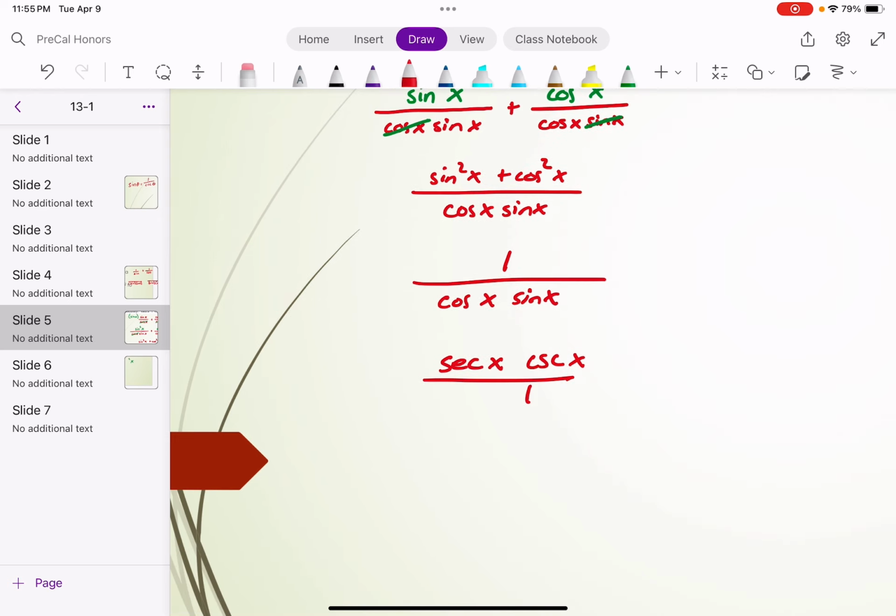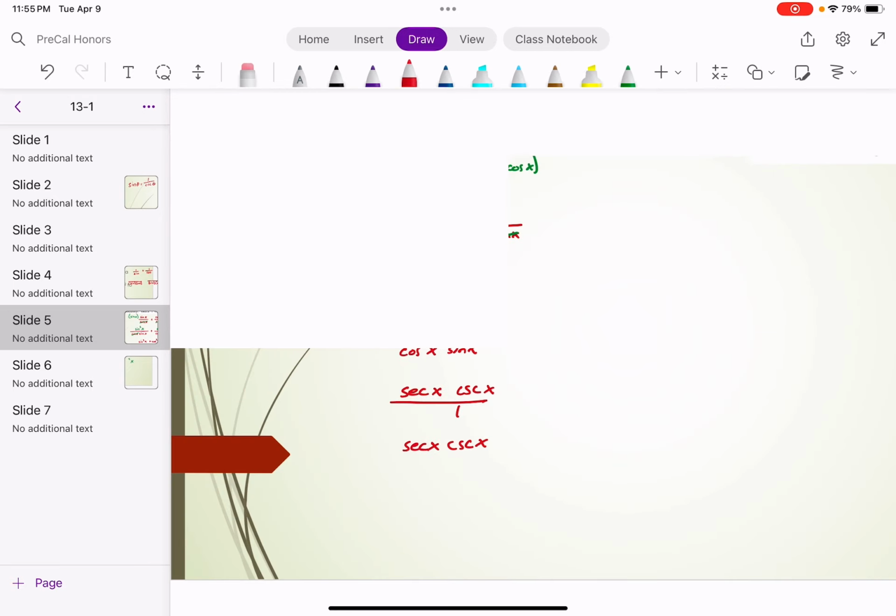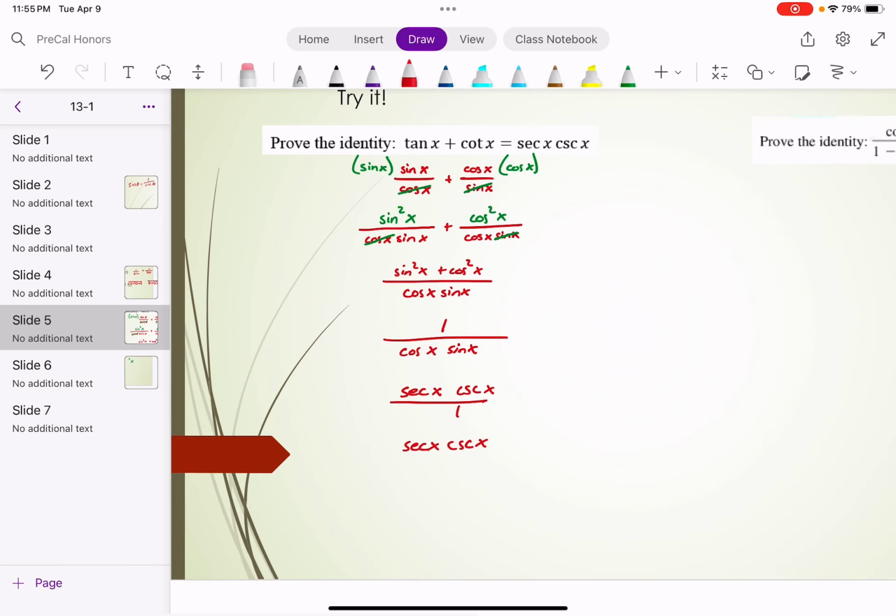Notice in this case, our final answer would be secant x cosecant x. Now this is the same as our right-hand side, which is exactly what we wanted to do. Let's go ahead and take a look at our problem on the right-hand side.